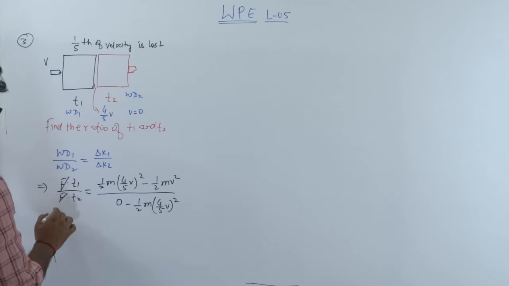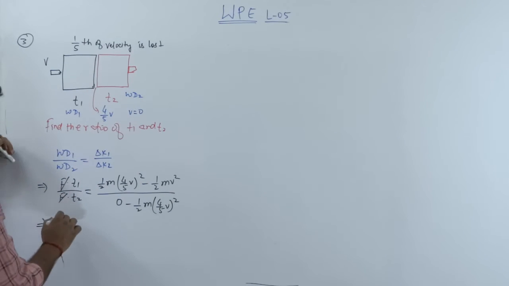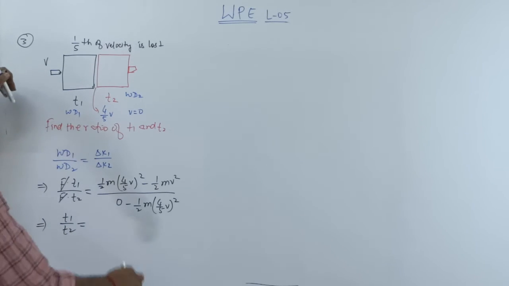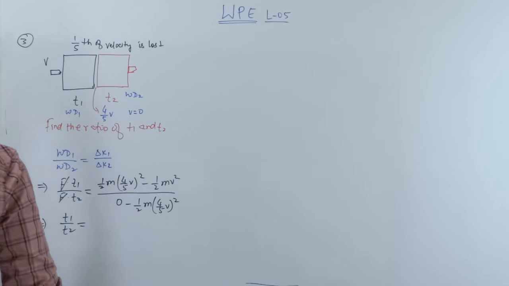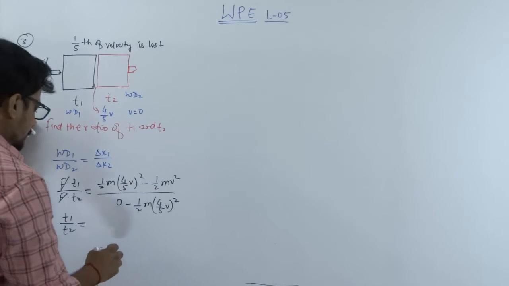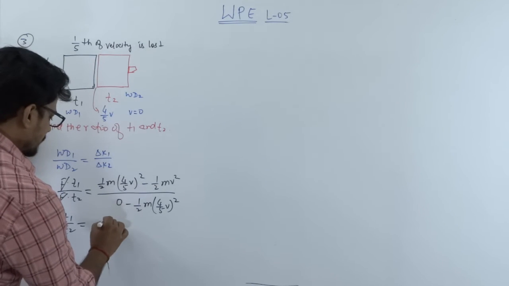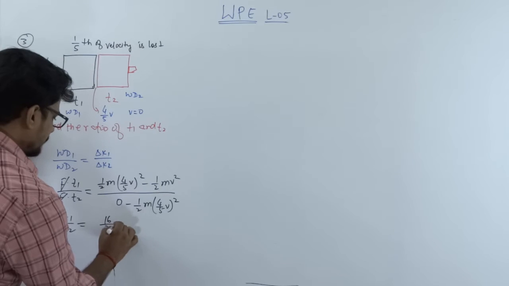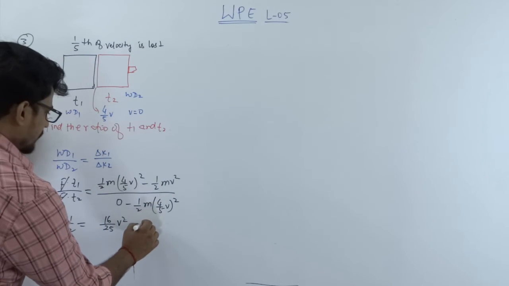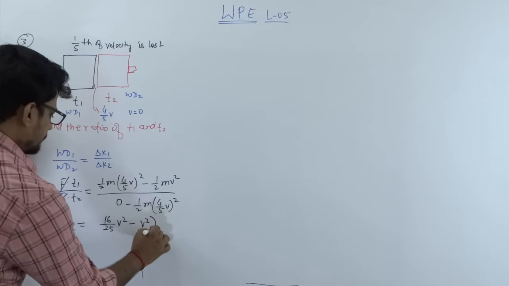This force is going to get cancelled out, and we should have T1 upon T2, and that should be, my dear kids, half m could be eliminated quite easily. So what I'm going to be left with over here is 16 upon 25 v square minus v square.